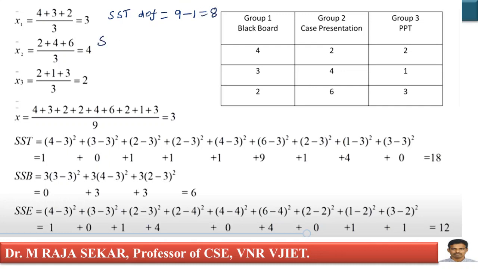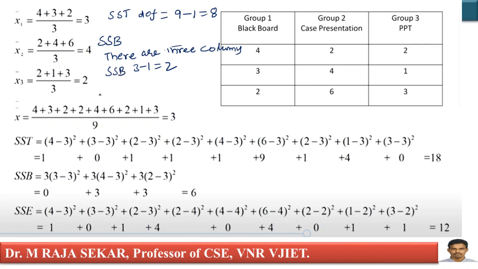For SSB, what is the degrees of freedom? There are 3 columns. Therefore, 3 minus 1, that is 2 degrees of freedom for SSB.